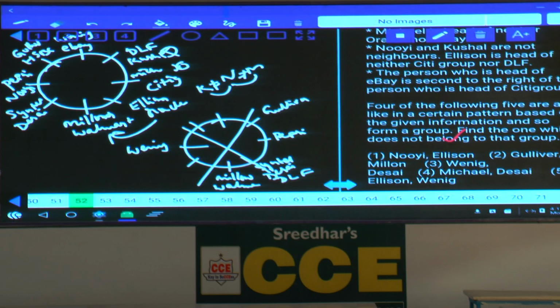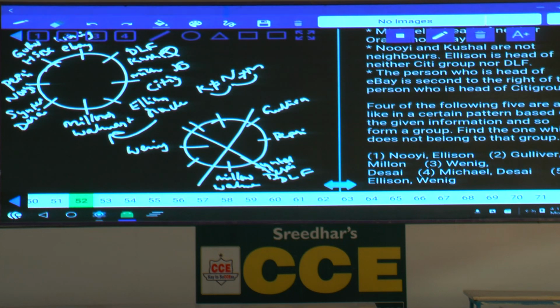Then question number 52. In this question, 4 of the following are similar and one is the odd man out. Nui and Ellison, there are 2 persons between them. Gulliver and Millen, there are 2 persons between them. Wenning and Desai, again 2 persons.